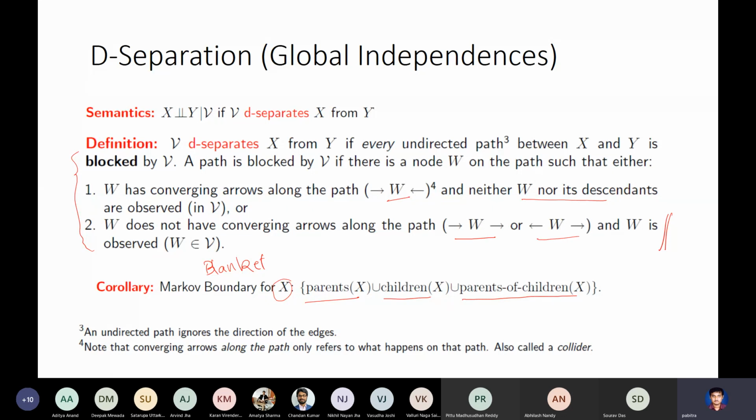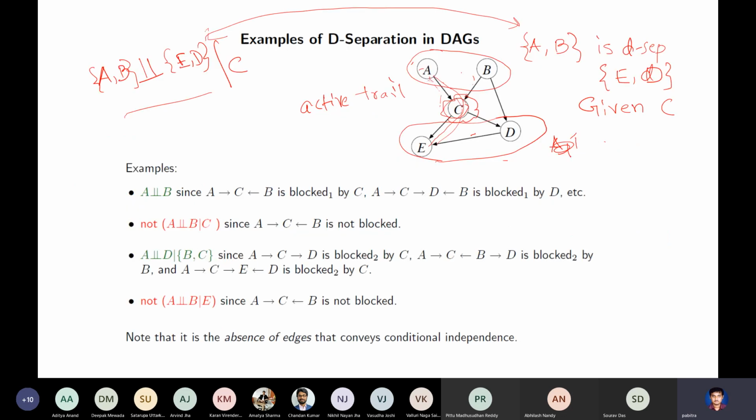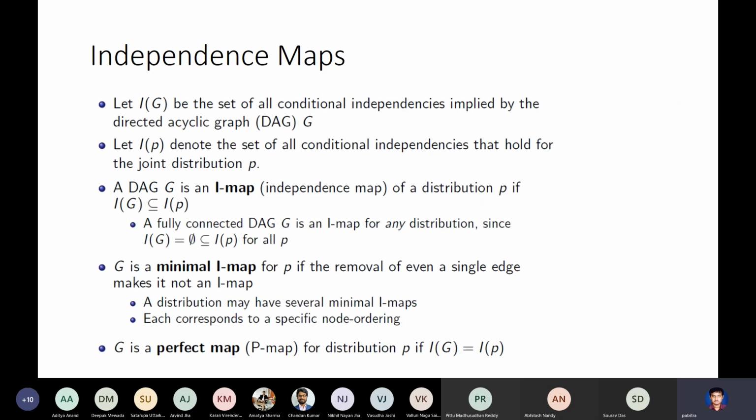So the Markov blanket kind of insulates it from everything else in the network. Okay, so this is the definition of d-separation, and d-separation helps you find all conditional independences by applying this graph property. Actually, it turns out there are even more conditional independences beyond d-separation, but they are more computationally difficult to find out. It's difficult to find them with some graph algorithm.